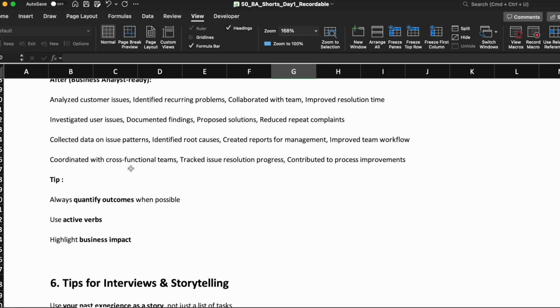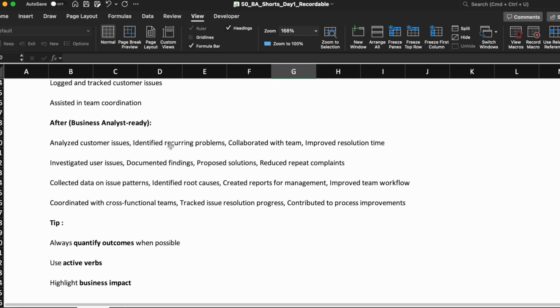Next one, always quantify outcomes when possible. The task, skills, and business impact: improved resolution time, reduced repeated customer complaints, improved teamwork, contributed to process improvement. Task, skills, value.